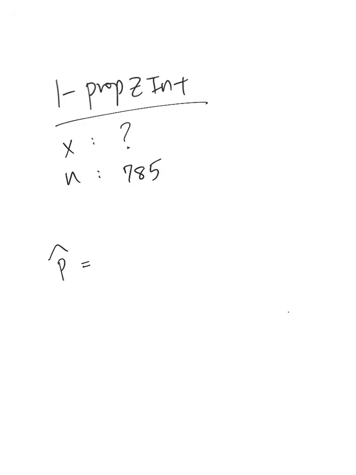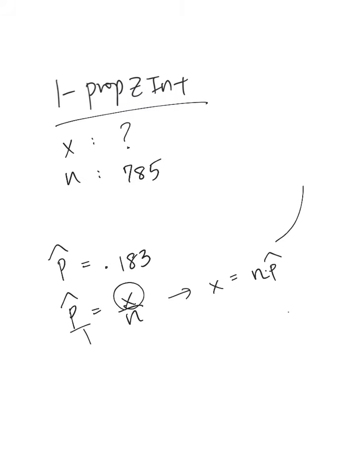Well, they give us the p hat value, which is 0.183. Now I want you guys to remember that p hat is given by x over n. So if you want to find x, you can cross multiply to get x equals n times p hat. So you're going to multiply sample size by the sample proportion p hat to get x value.